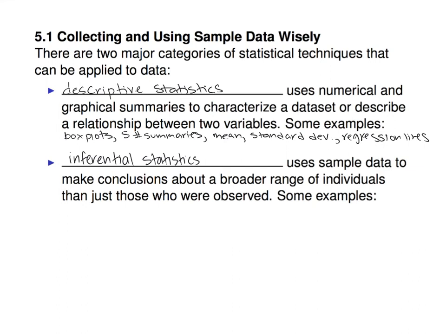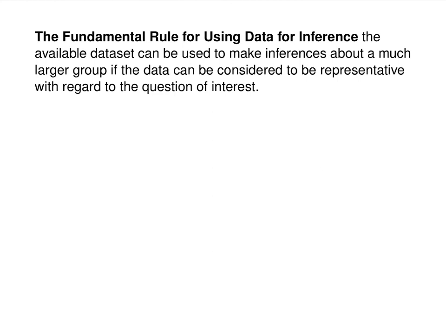So some examples that you've seen include this chi-squared test, which is a subset of something called hypothesis testing. And we're going to talk about when it's okay to use inferential statistics to generalize to a broader range of individuals. The fundamental rule for using data for inference.